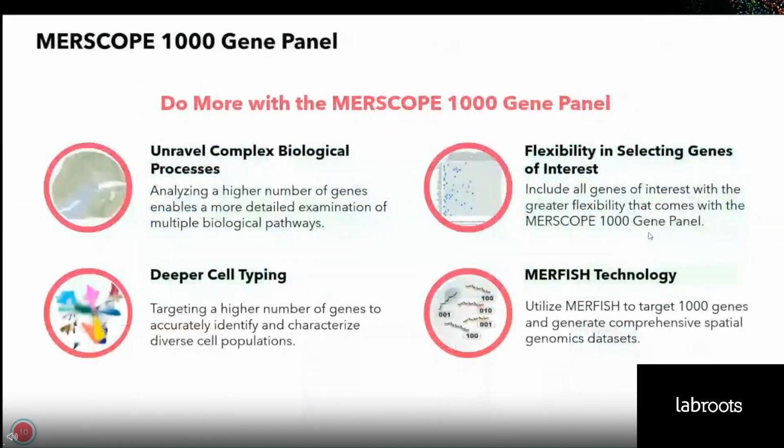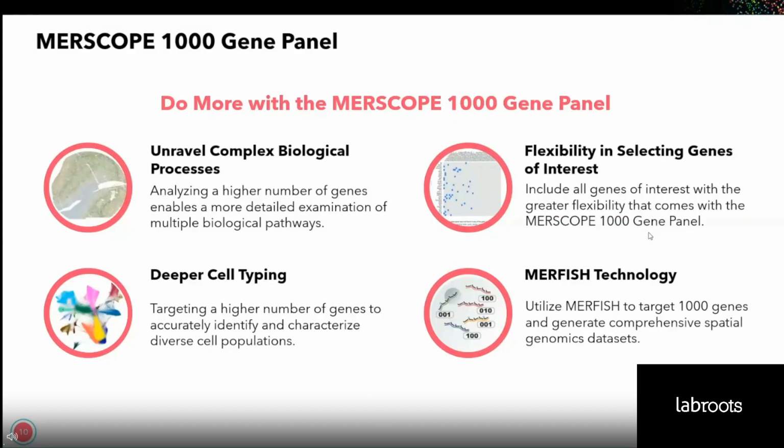And we're confident that the MERSCOPE 1000 gene panel is going to allow you to do more. From unraveling complex biological processes, the added flexibility gives you the opportunity to target more biological pathways. Or if you're after deeper cell subtyping, the added flexibility here is going to allow you to include additional cell markers so you can further characterize those diverse cell populations.